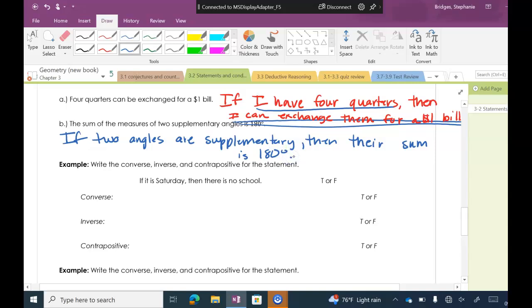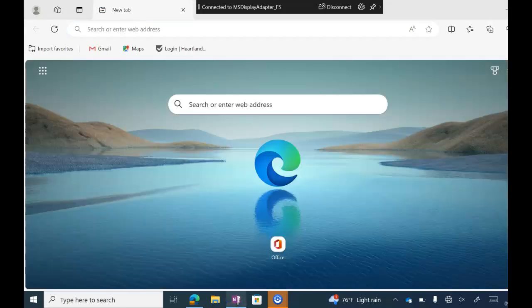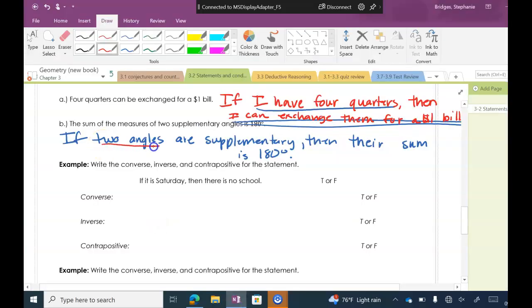Again, that one could go either way. You could say if two angles' sum is 180, then they are supplementary, or if two angles are supplementary, then their sum is 180. So a lot of these you can do both. And then what would the hypothesis be the way it's written? If what? Yep. And then my conclusion would be that their sum is, there you go.